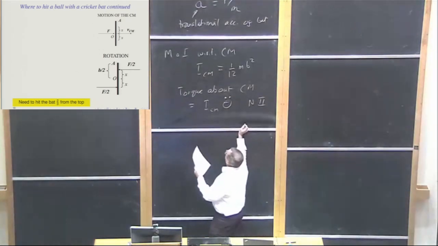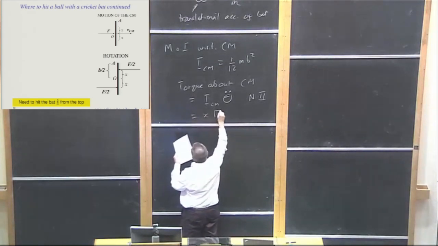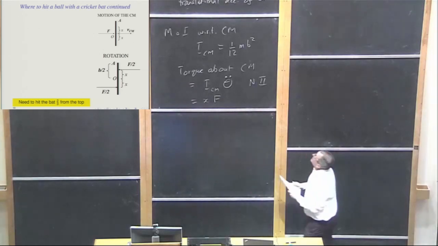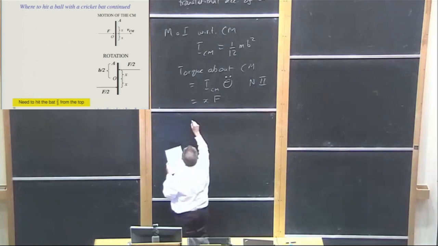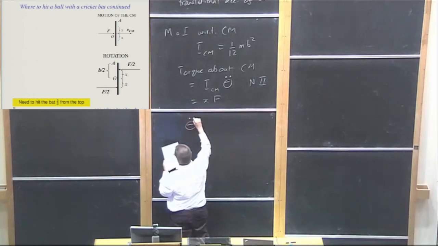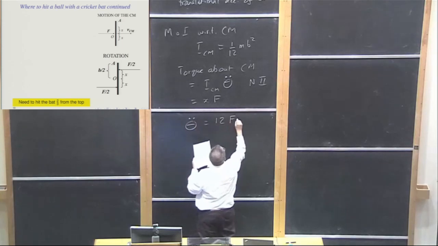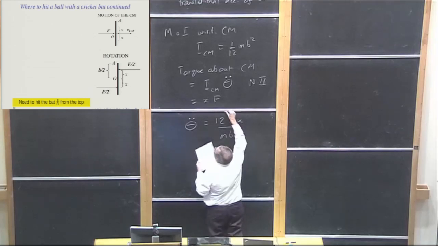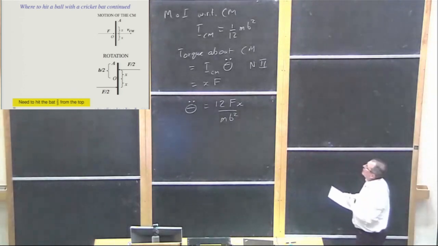And we said that the torque is equal to x times F. If we put this information together, we see that theta double dot is equal to 12 F x over m b squared. So that's the angular acceleration.